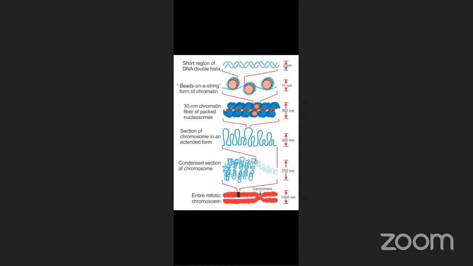This is the chromosome. The chromosome is made up of chromatin, as already told. This chromatin thread shows folding with the help of histone proteins. This is the solenoid model, and this is the nucleosome model. This is DNA.